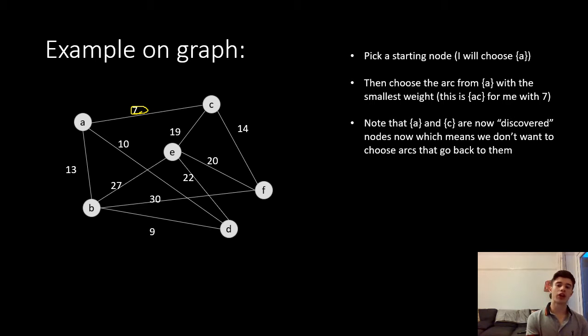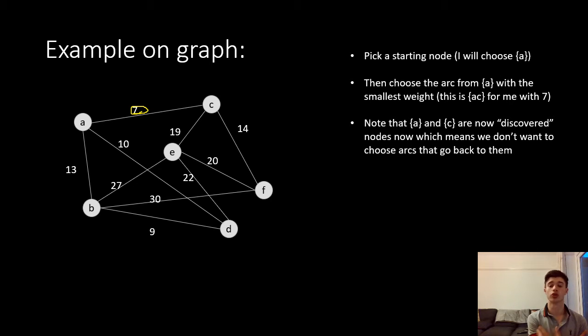So what we say now is that A and C are discovered nodes, because we've been to them. In our minimum spanning tree, so far as we're building it, A and C are already included, so we've got discovered.